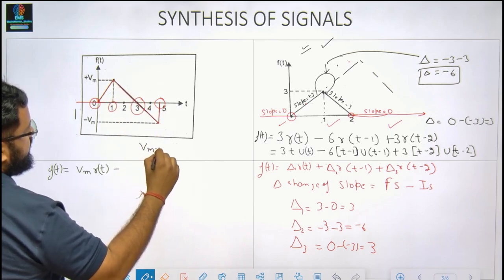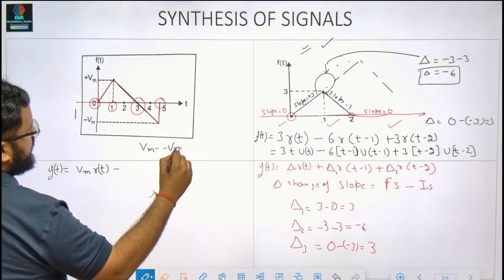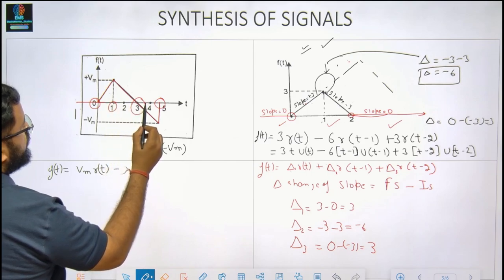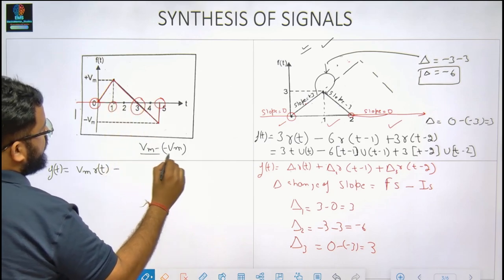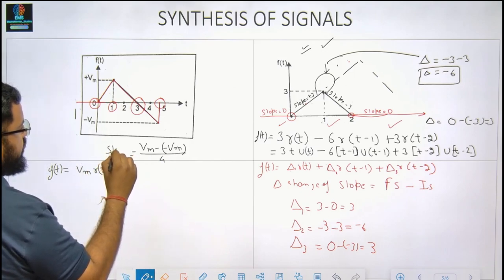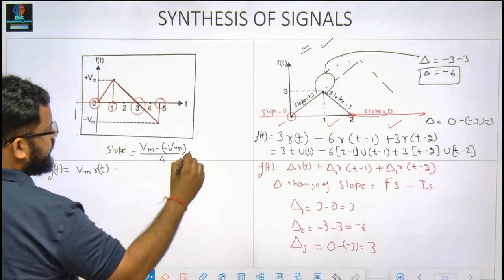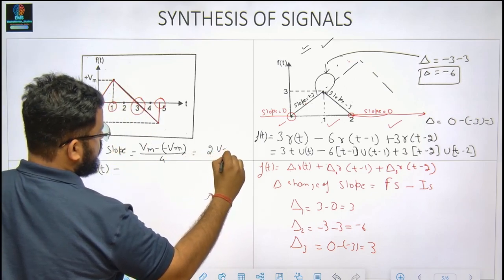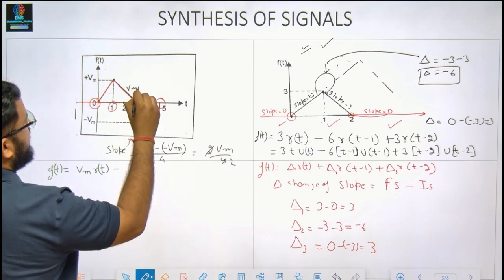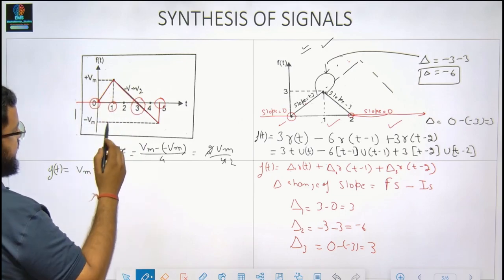So Vm minus minus Vm, that is the change in my y. 1, 2, 3, 4, there's a 4-point change in my x. So the slope of this portion is 2Vm by 4, that is Vm by 2. So my slope is Vm by 2 in the negative direction.